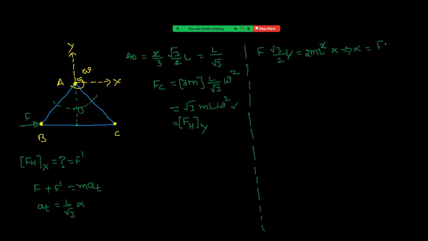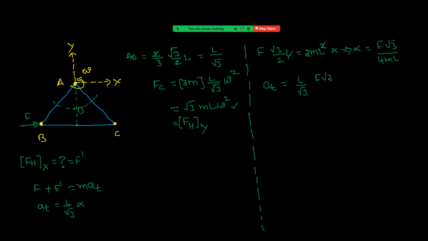Alpha equals F root 3 upon 2 into 2, so 4ml. Okay. So a_t value. Then see a_t value, how much? a_t value is L by root 3 into alpha.